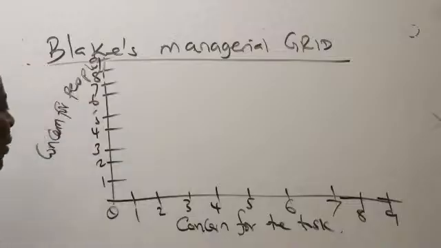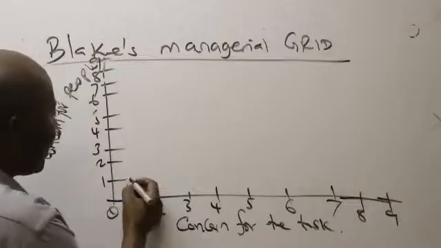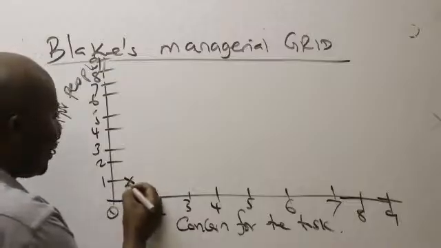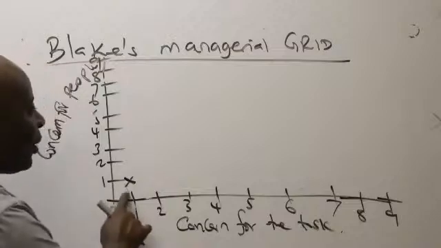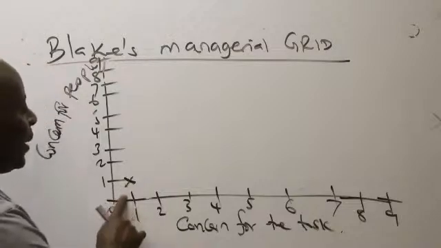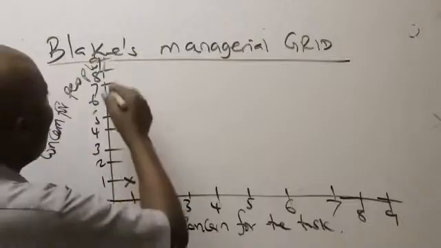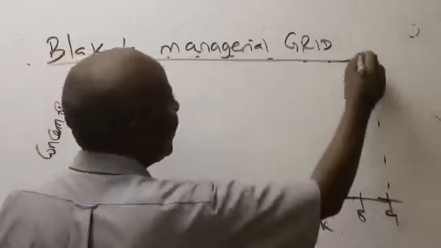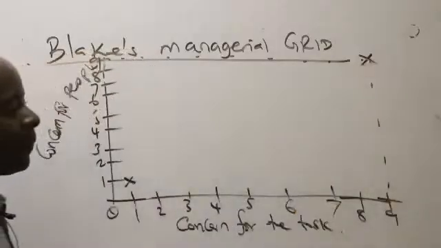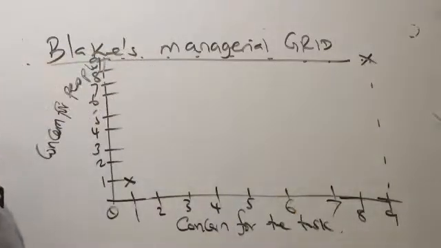So of course we'll be having various managers, like now we have this manager who operates at this particular point there. We have another manager, ladies and gentlemen, for example, who is at 9, 9.